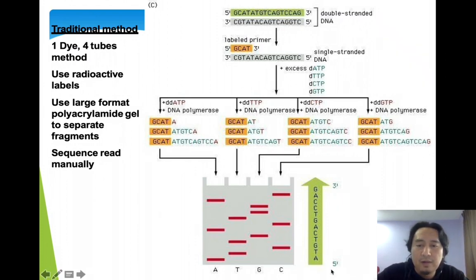So this is from 5 prime to 3 prime. GCAT is your primer. Then the next is ATGT, ATGTCAG, ATGTCAG. This is correct. TCCAG.